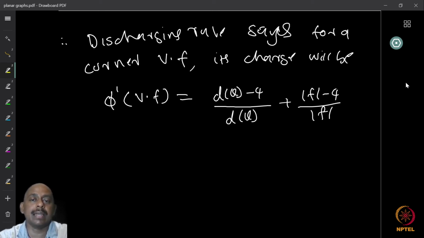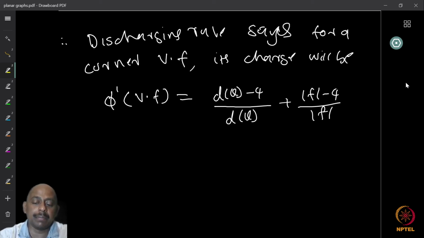It has exactly d(v) many faces. So it distributes its charge d(v) minus 4 to each of the degree of v many corners, so it will be divided by d(v).